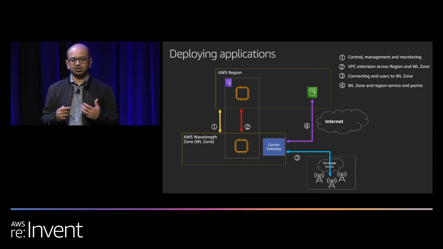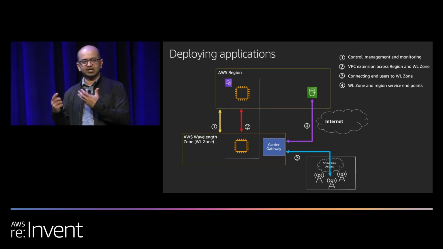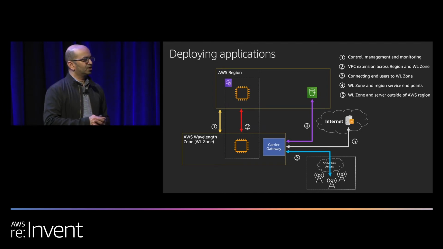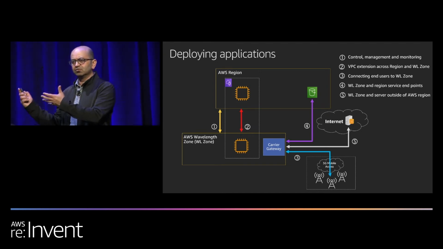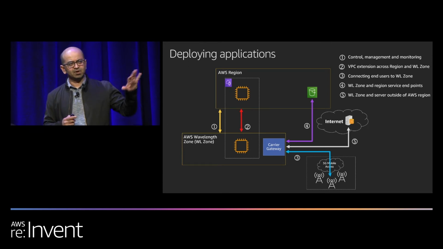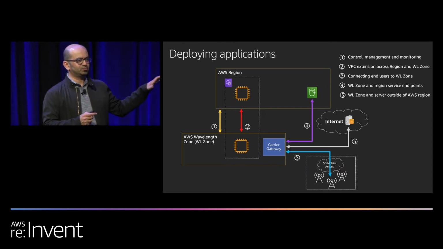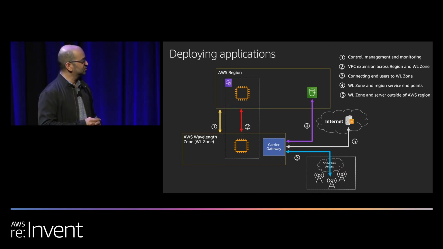It will allow developers to connect to other services and endpoints in the regions that are outside of the VPC. Some applications might require third-party or other servers which are in some other data center or internet, not part of the region. And the carrier gateway will also allow developers to access those endpoints.